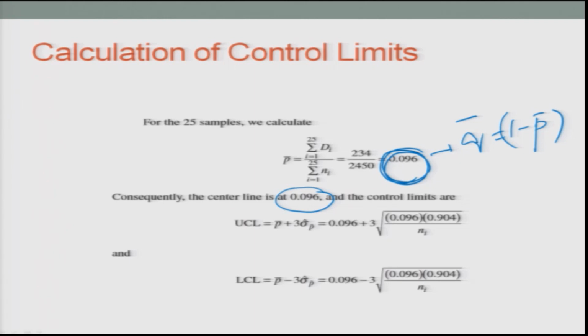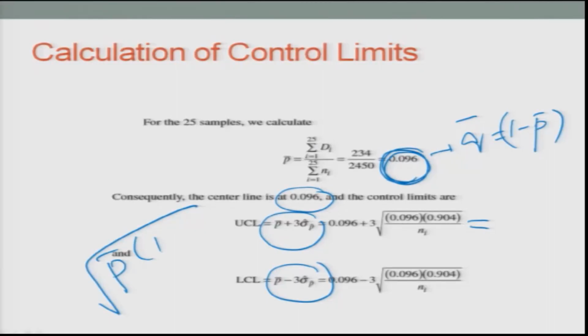The upper control limit will be p bar plus 3 sigma hat, which comes out to be the value given here, you can calculate it. The lower control limit would be p bar minus 3 sigma hat, which is the estimated value, and this sigma hat you know, again I am repeating, and you can find it out accordingly.